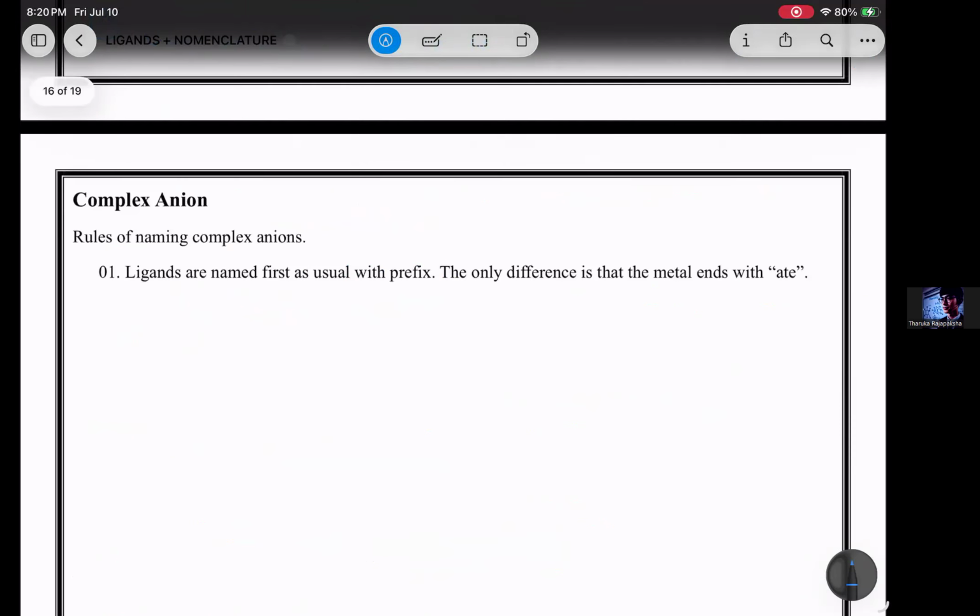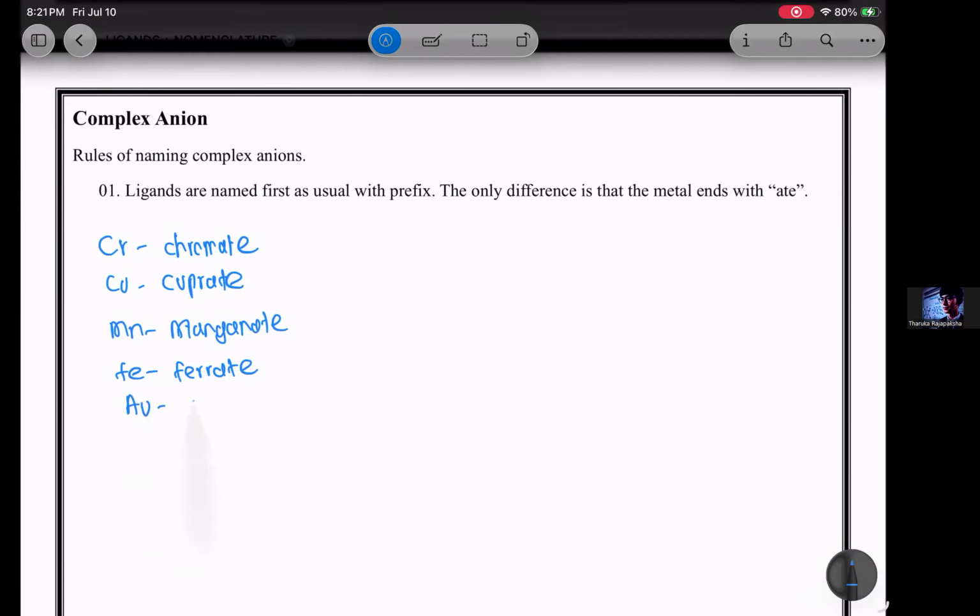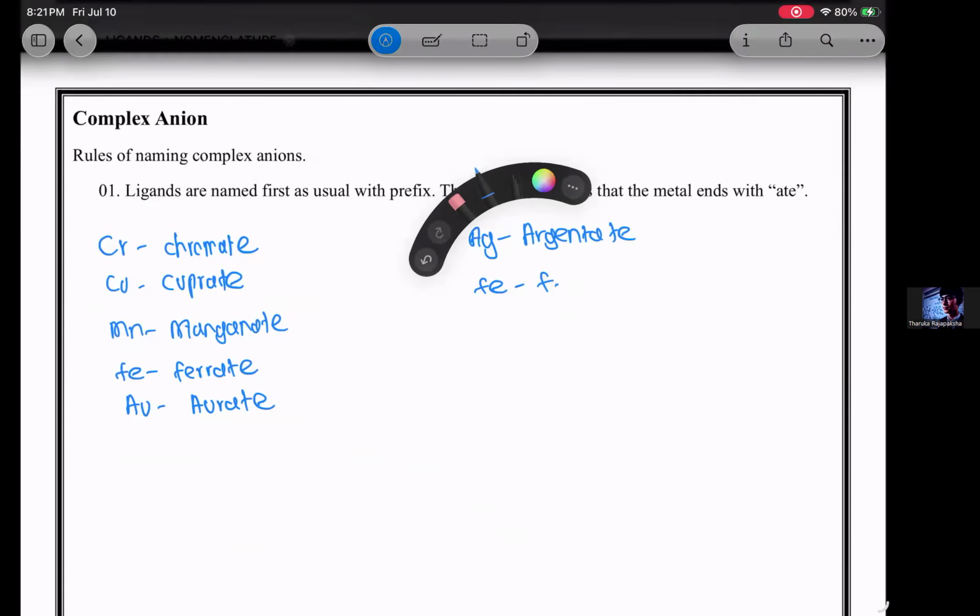Complex anion. Rules for naming complex anions. Now here you have to write these metals. Chromium, you write chromate. Copper, cuprate. Manganate. Fe, ferrate. Aurate. Argentate, not Argentina. Argentate. Ferrate I wrote, right?